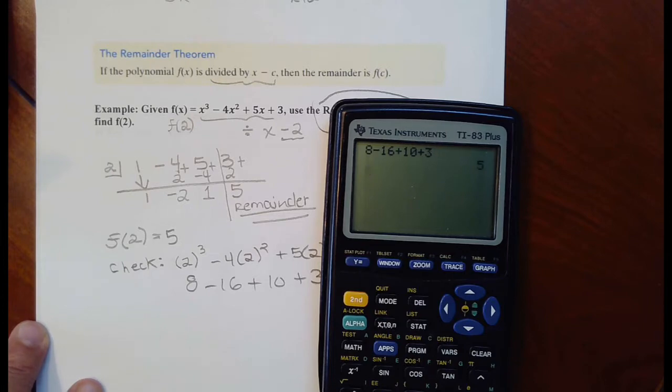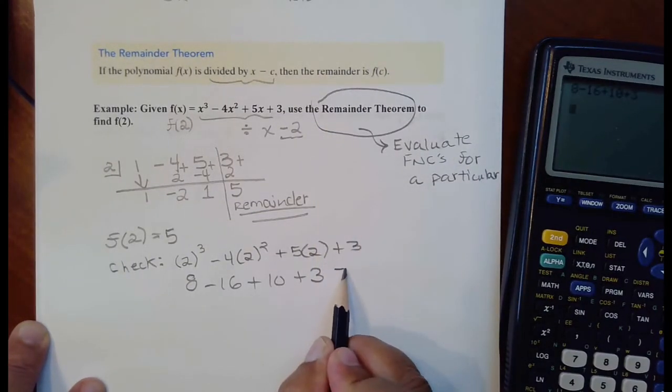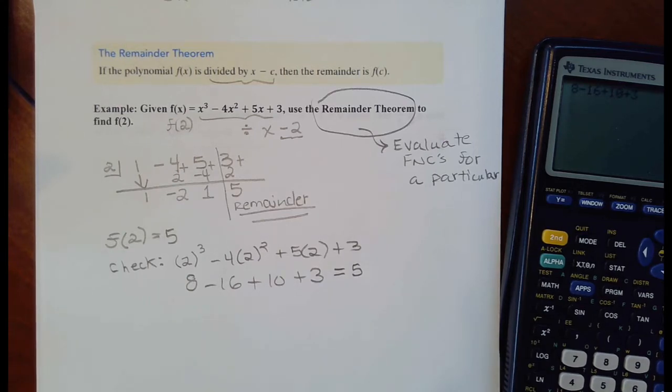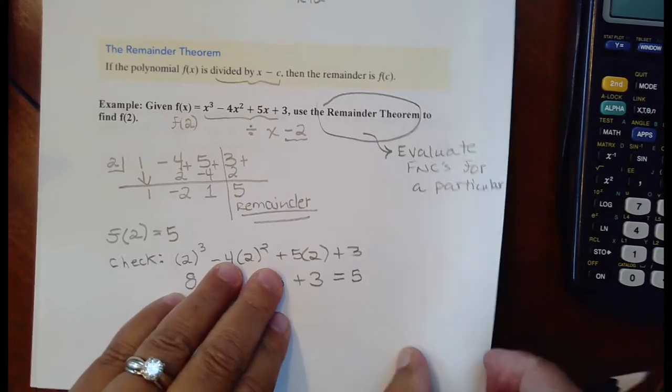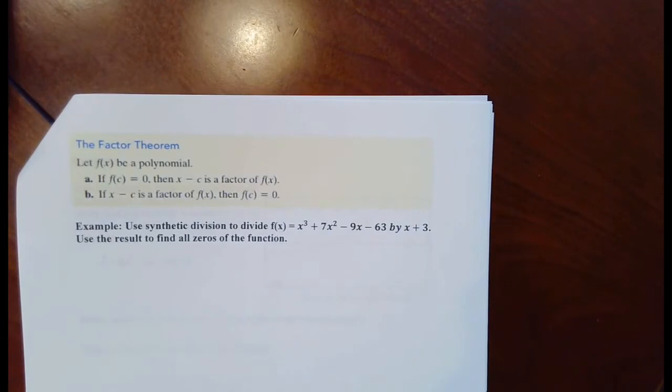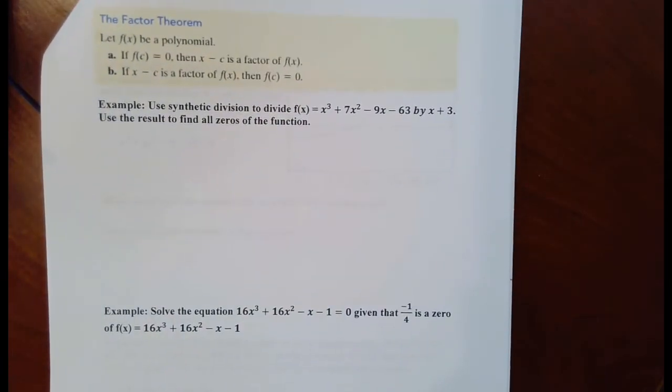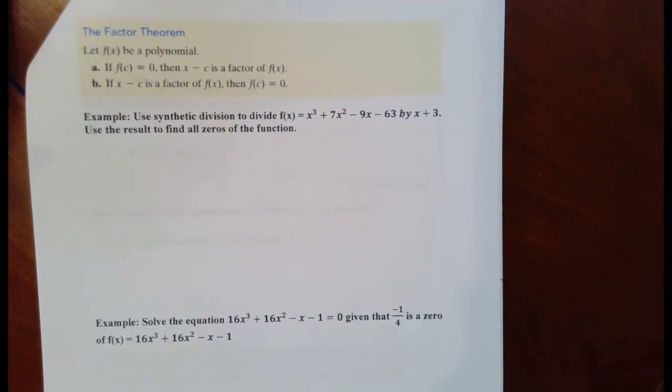It says use synthetic division to take x cubed plus 7x squared minus 9x minus 63 and we're going to divide it by x plus 3, and we're going to use the result to find all the zeros of the function. One of the zeros is going to come about just by doing the division. So remember, when you're doing this division, we switch any sign that is attached to an x, so that's going to be written in our little synthetic division box as a -3.